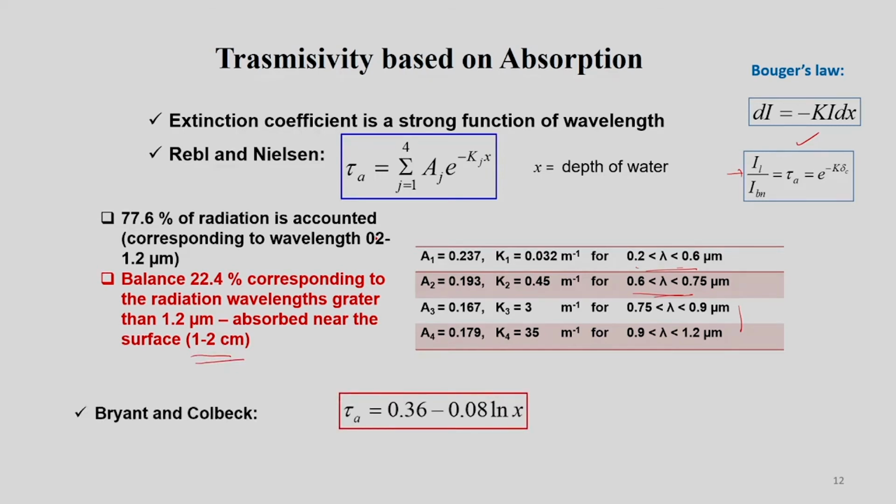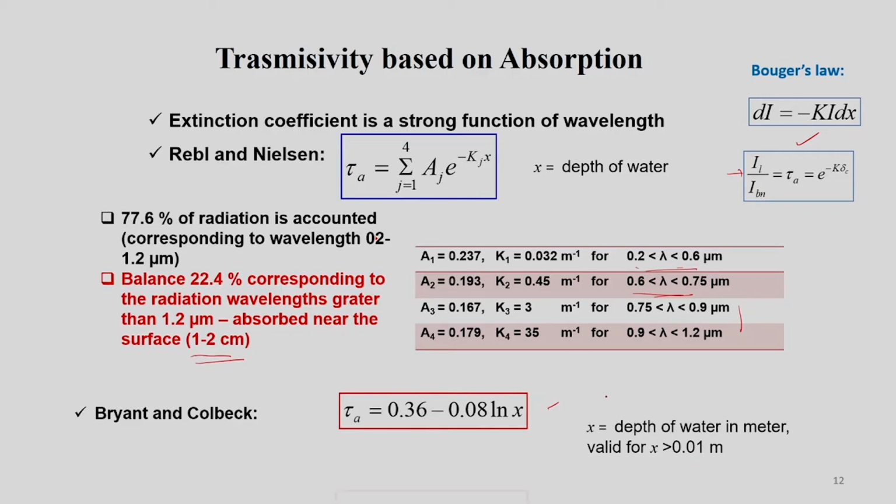Also we can use this kind of correlation, which is very simple, developed by Bryant and Colbeck. This is the expression where x is the depth of the water in meter, and it is valid for x greater than 0.01 meter, and when solar radiation is falling normal to the horizontal surface.